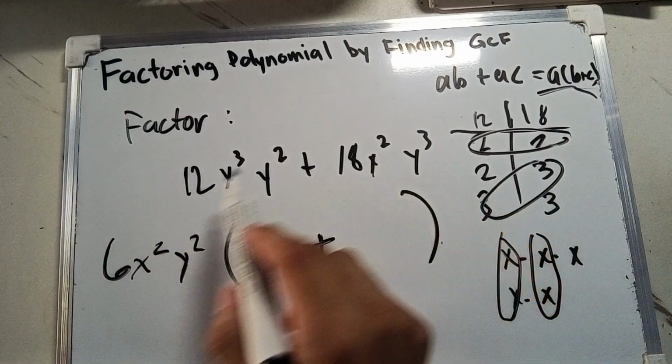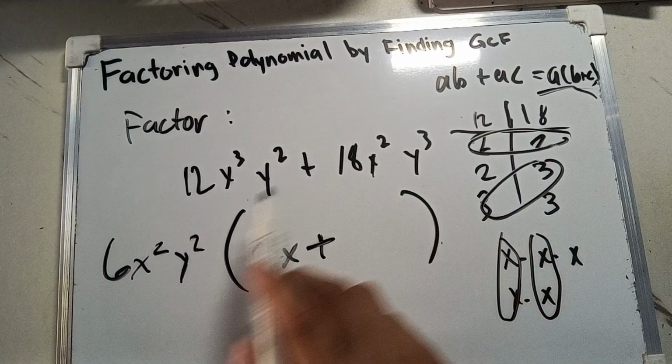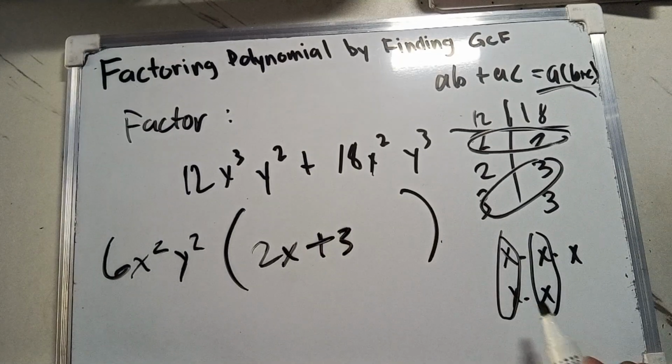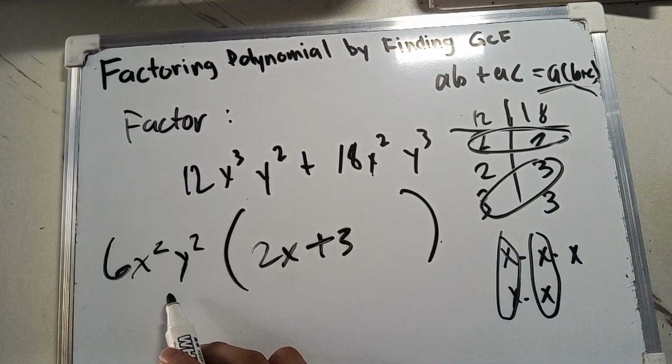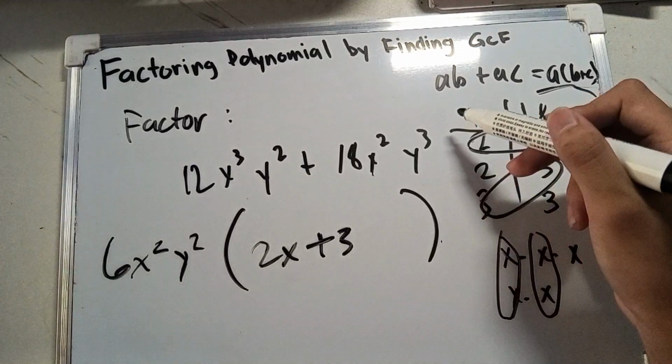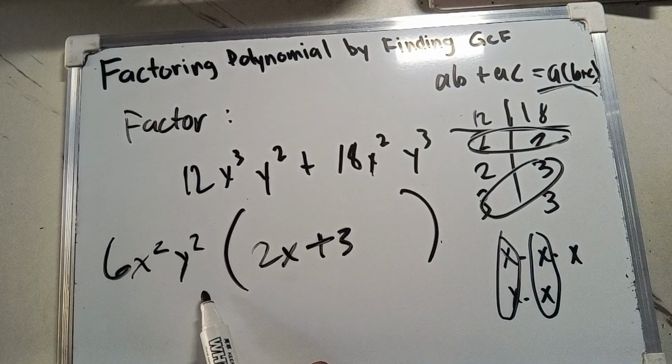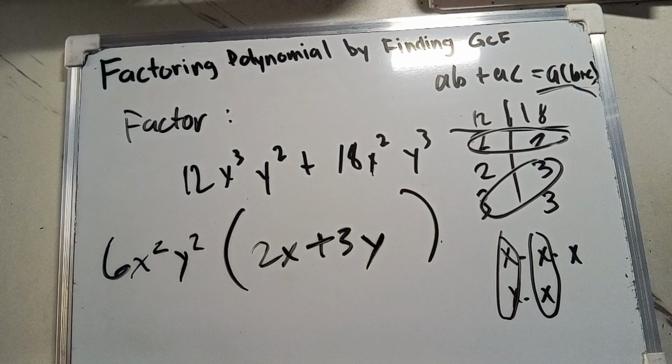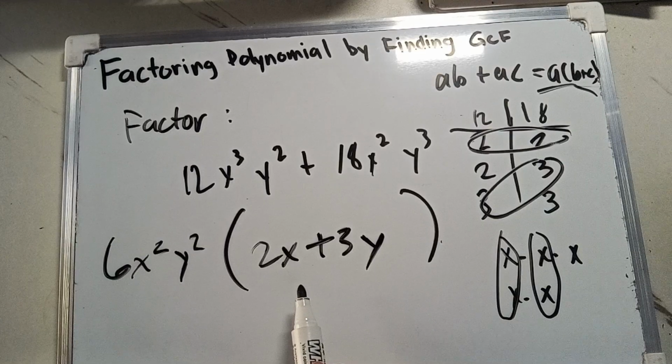We also divide the second term by the common factor. 18 divided by 6 is 3. x squared divided by x squared is 1, so we disregard it. y cubed divided by y squared is y to the 1, or y. So this is our answer.